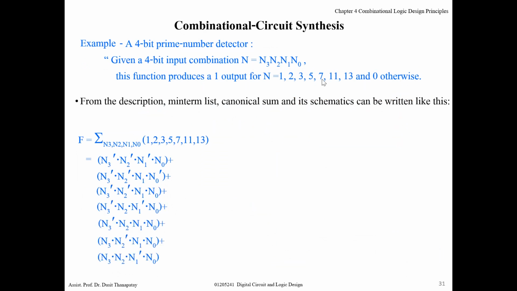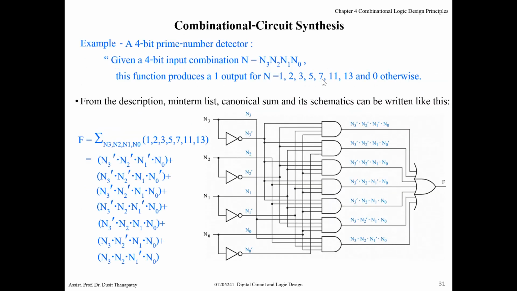Did you remember this one? For this example, I use the min term for the inputs that give logic 1 output, and sum them together. Namely, it is canonical sum.